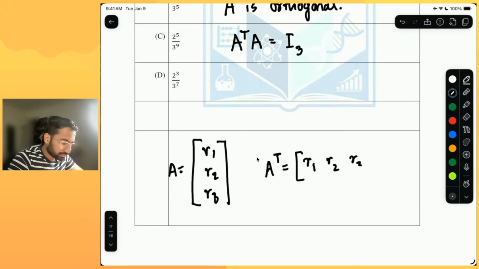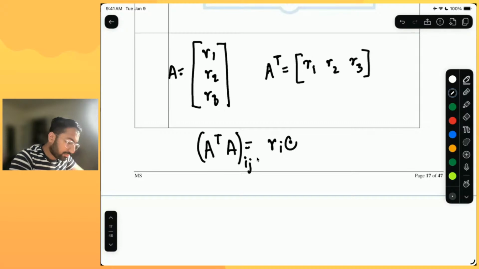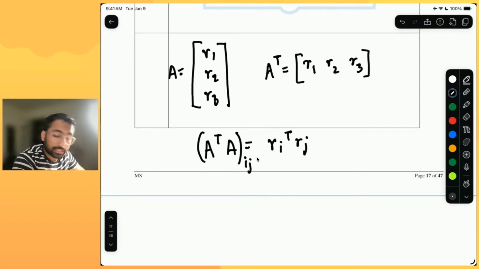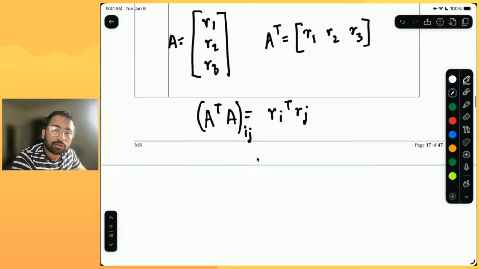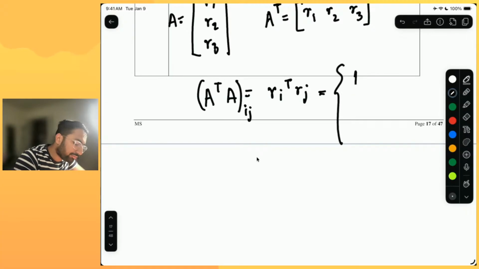And if you multiply A transpose A, the ijth element of A transpose A becomes Ri transpose Rj, and this is equal to the ijth element of I. A transpose A is equal to I. Therefore, Ri transpose Rj is equal to 1 if i is equal to j and 0 otherwise.